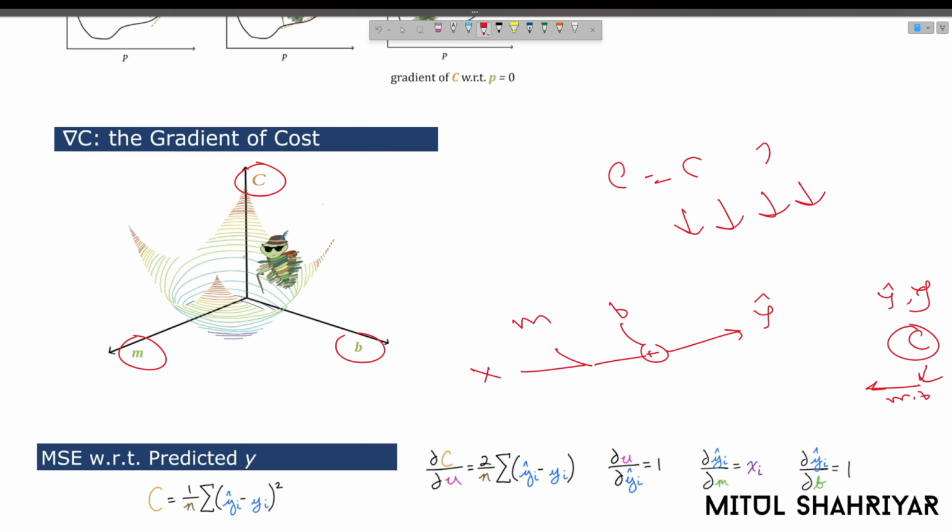So what's the important factor? The thing is, you have to use gradient descent to get to certain points where dC by dm is nearly 0, and dC by db is nearly 0.